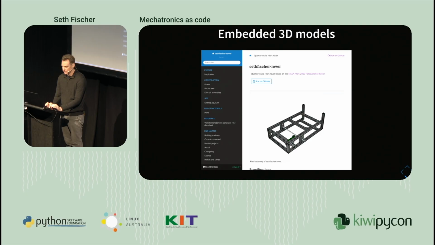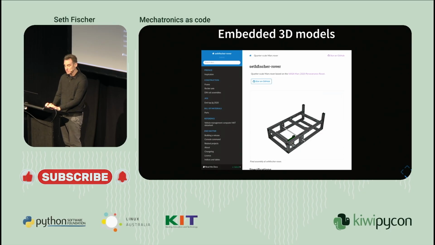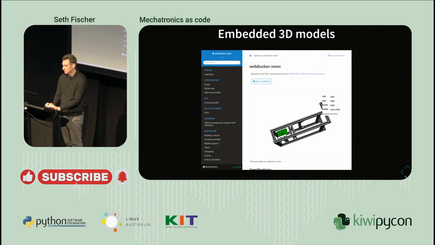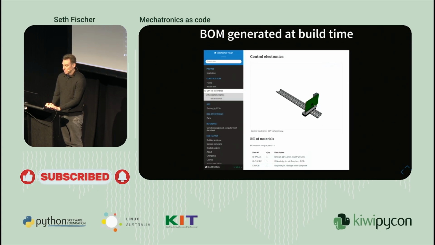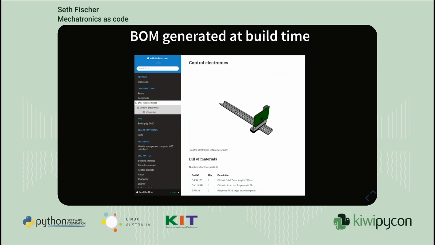If you go to the documentation page, you'll see that this model can be rolled, panned, zoomed. The bill of materials is generated at build time, so it's always up to date. These components are extracted from the Python code.